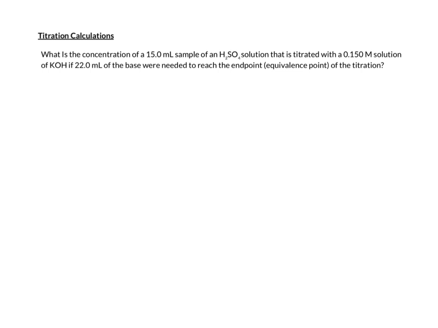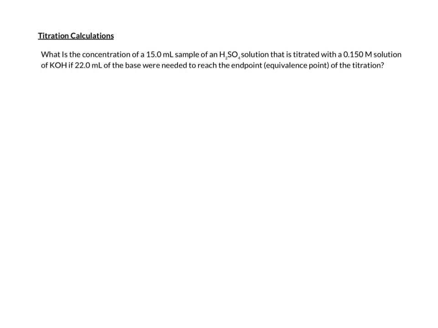Hey everyone, in this video we're going to focus on how to do titration calculations, which in essence means determining the concentration of an unknown acid or base by titrating it against a known concentration of acid or base.